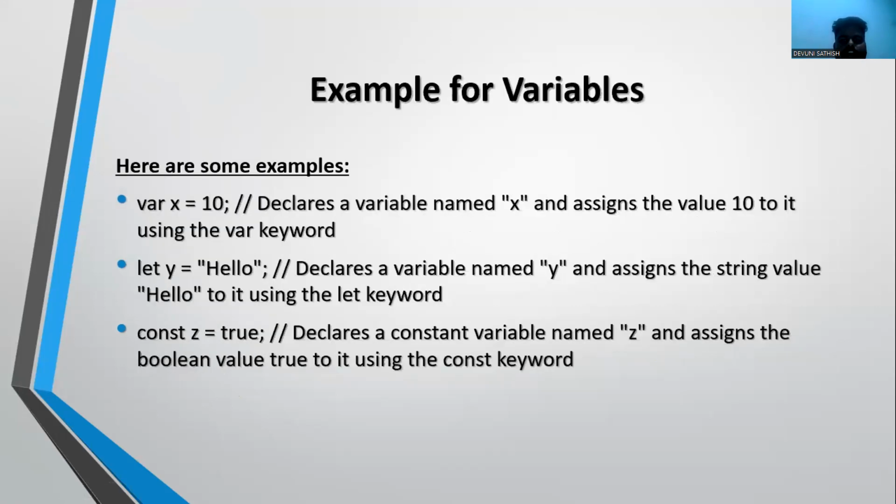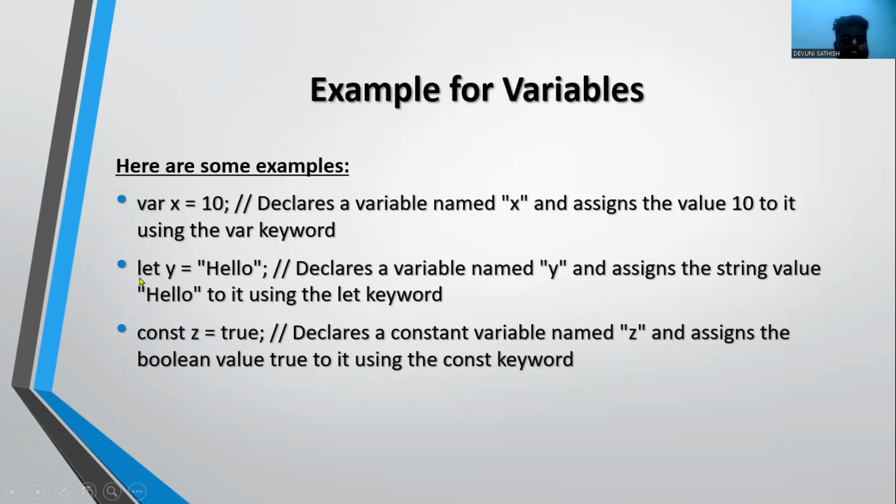So here is an example for variables like var x equals 10, where x is a variable storing the value of 10. Here I attached a comment line: declares a variable named x and assigns the value 10 to it using the var keyword.